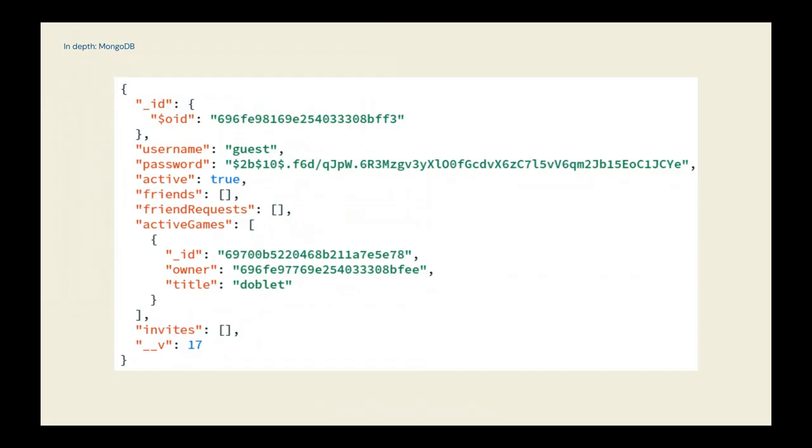The entire document is enclosed in braces here, and key value pairs are separated by colons. The pairs themselves are separated by commas, and we can even have documents embedded within documents, as shown here, where the active games key corresponds to a list of values, and each of those values can be its own document.